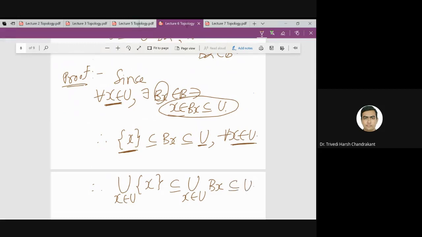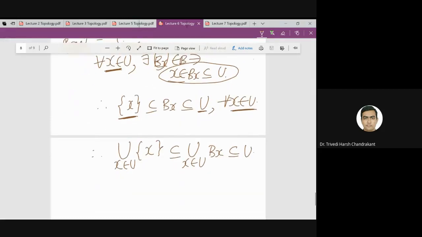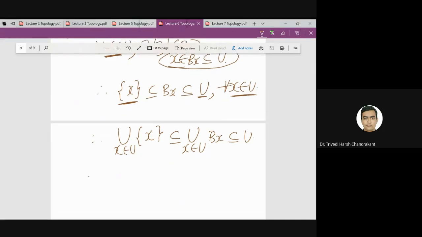As many times as you take U union U, you will get the same set U on the right side. So we get this from the previous step. And then what is this set? Union of singleton x, x belongs to U.